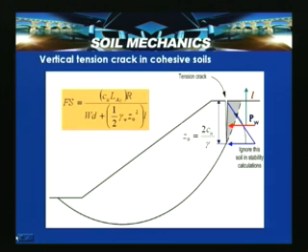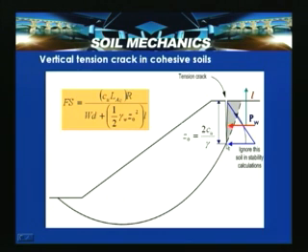These clays tend to crack, and suppose in the process the cracks get filled up with water, they can influence the factor of safety. For example, in this particular figure, a critical slip surface is shown here, and this is the depth of the crack. The depth of the tension crack can be determined by Z0 equal to 2 Cu by gamma, where Cu is the undrained cohesion of the soil.